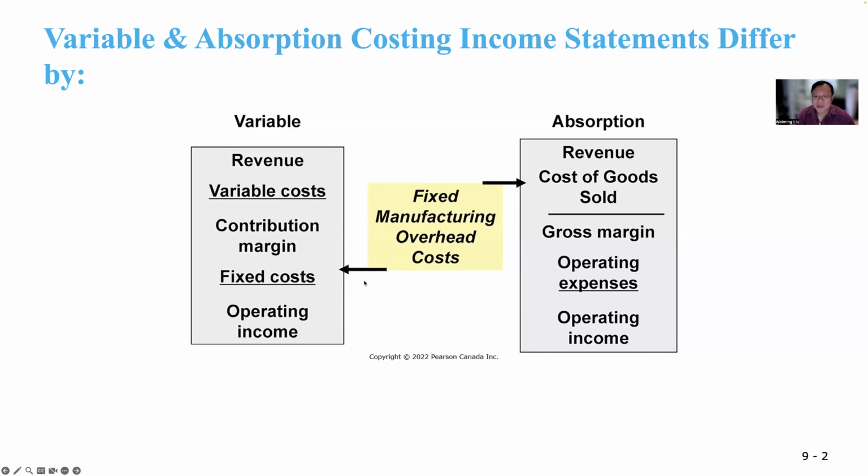So basically, for absorption costing, the fixed manufacturing overhead cost will first become part of the inventory, and then when these items are sold, they reach the income statement as cost of goods sold. That's the difference.